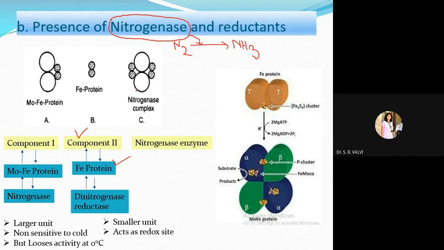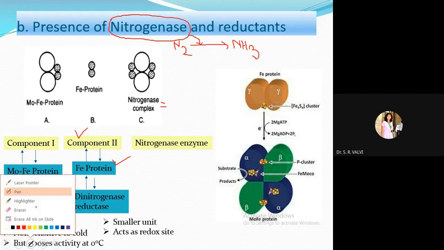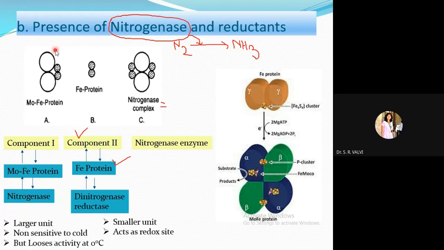And finally, how is this nitrogenase complex made? See the diagram. Let me take this laser pointer. This is the MoFe protein. This is the Fe protein.